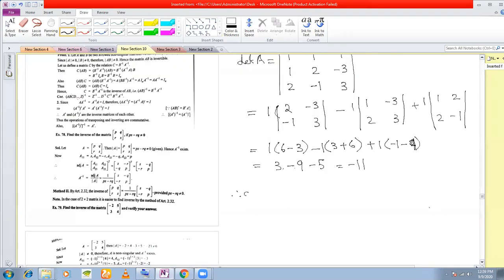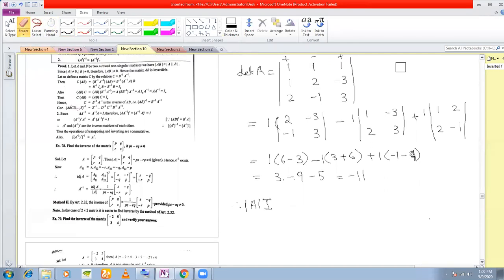So therefore, what is det A into I? They have not written det, they have given this symbol, so I better write this symbol, det A into I. Here also change this symbol, instead of writing det, you give this symbol, same as det. So det A into I is minus 11 into the identity matrix of order 3, which is 1 0 0, 0 1 0, 0 0 1.